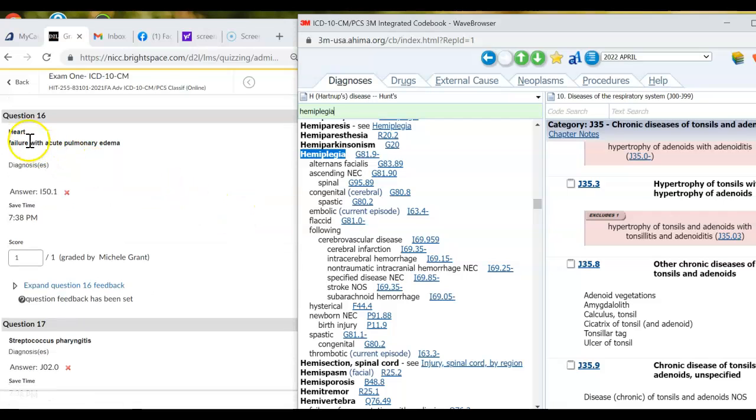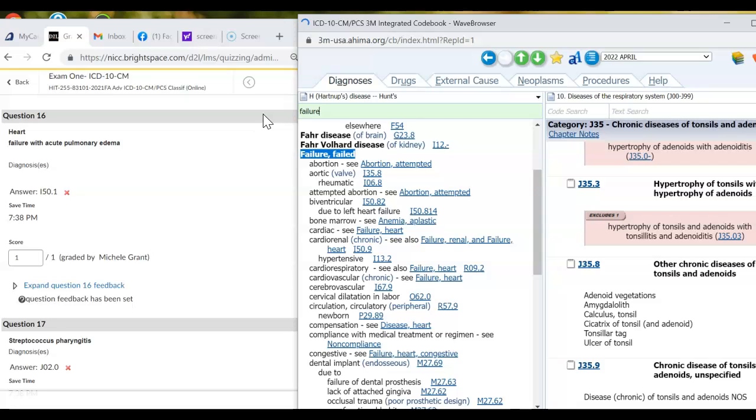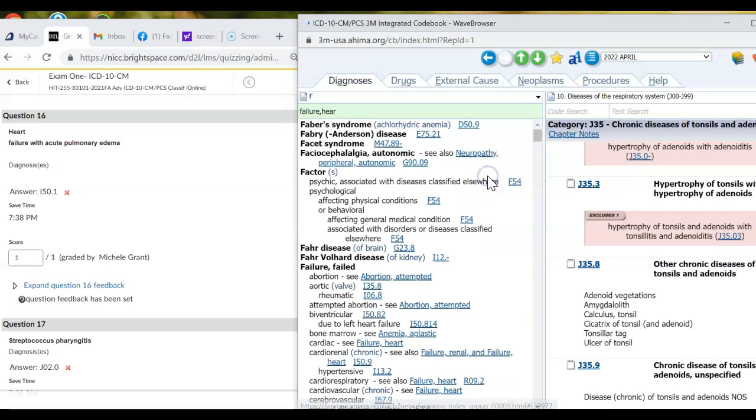Okay. Heart failure with acute pulmonary edema. So I wanted to put in failure, heart. Pull up here in a second. Okay, with acute pulmonary edema, failure, ventricular.